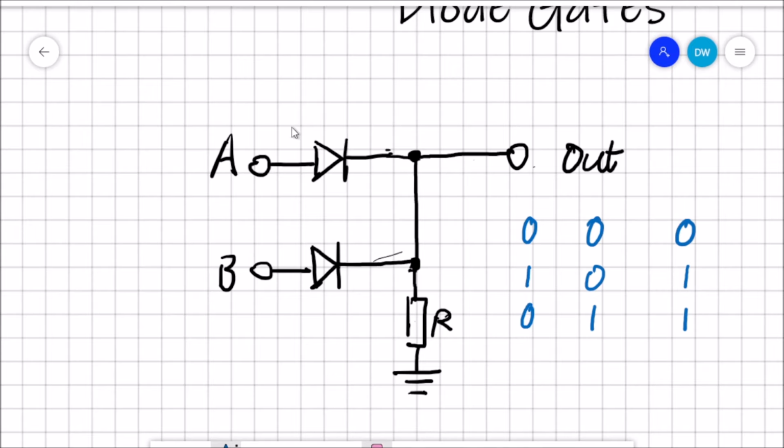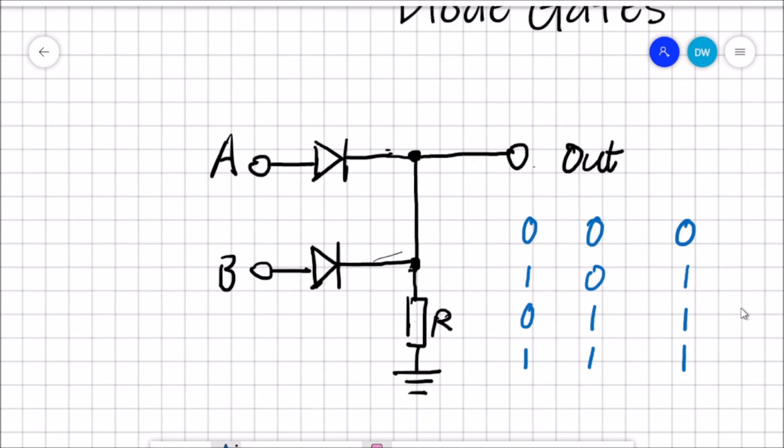And of course, if we apply a current to both of them, everything will go out, leading to a high output as well. So that's essentially the relationship defined by OR, isn't it? Either A or B being on leads to the output being on. Okay, so that's pretty straightforward.